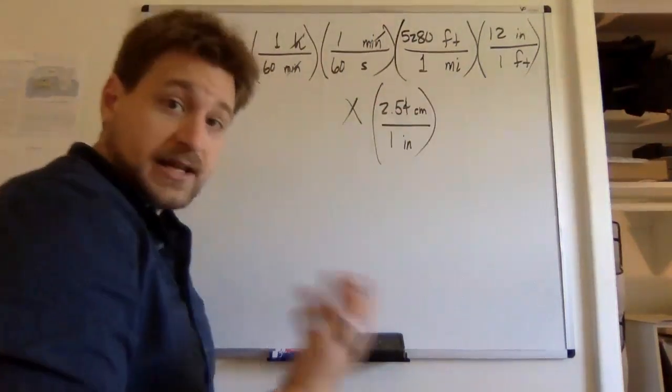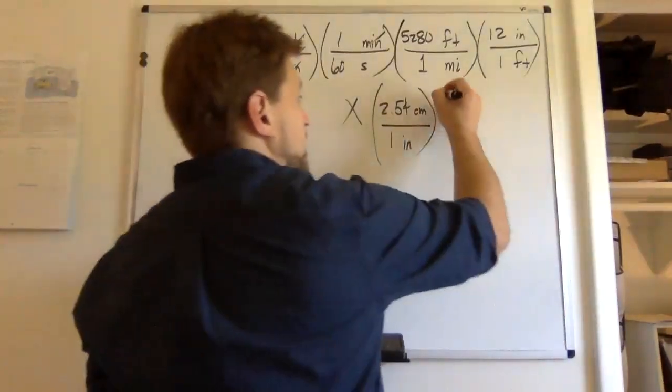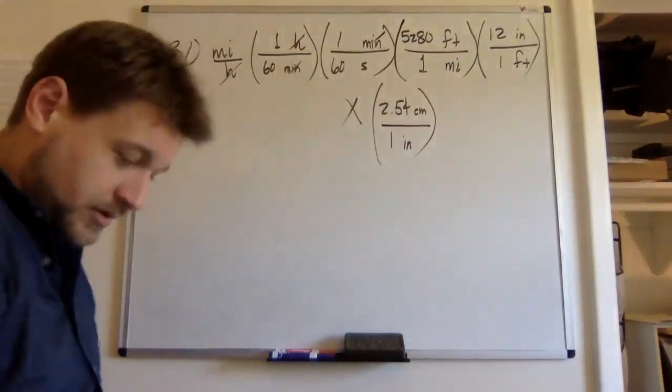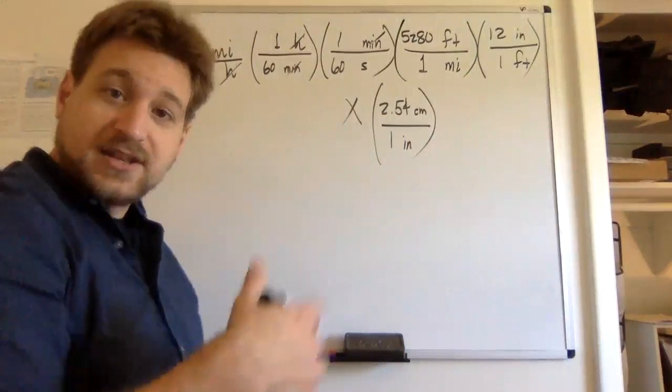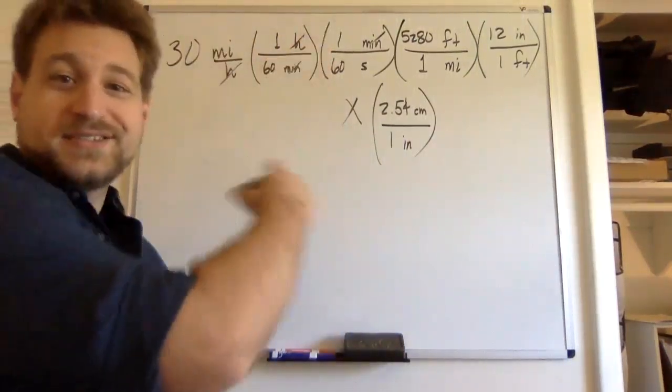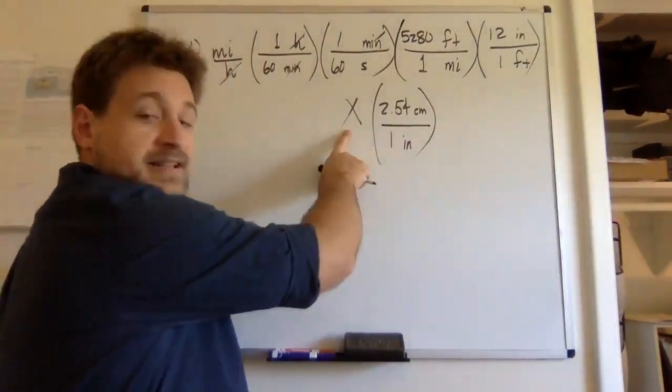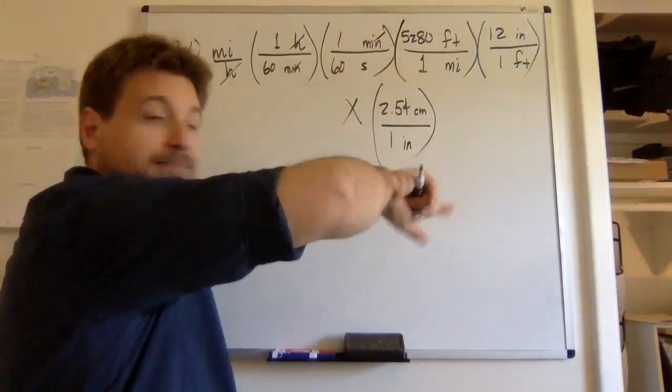Why do I remember that? I'm not sure. Is it something that you need to remember? No. Anytime you'll need unit conversions, they'll be provided to you. Again, this is just to illustrate the method. The x on the next line like this means keep multiplying.